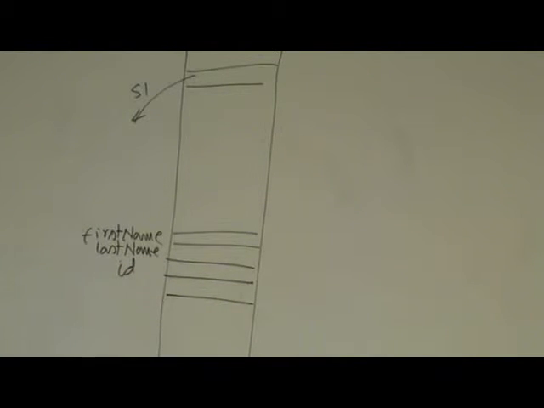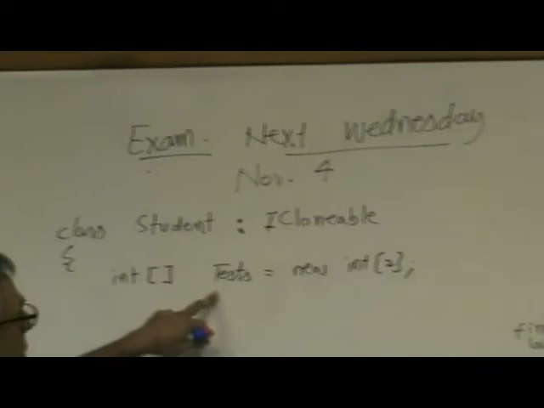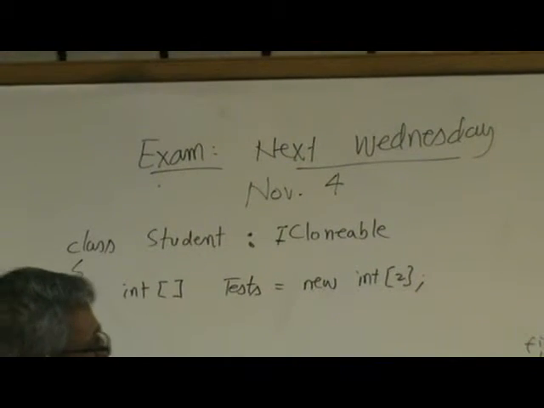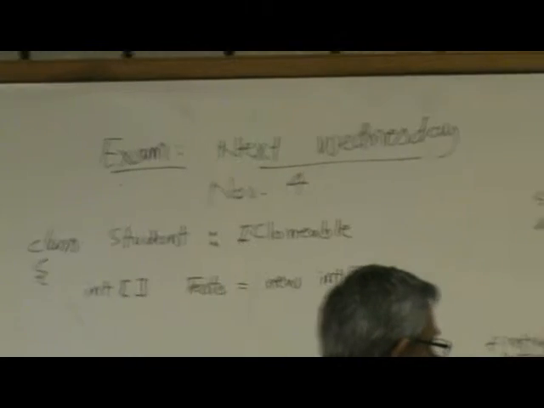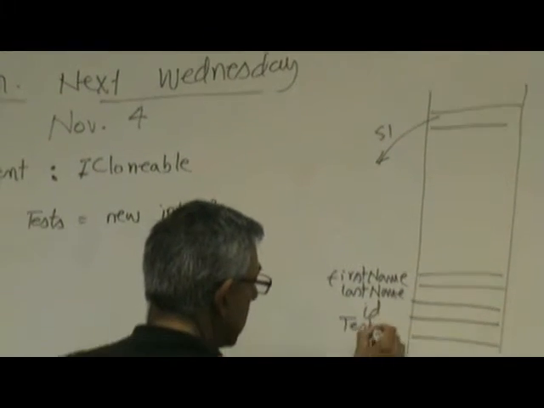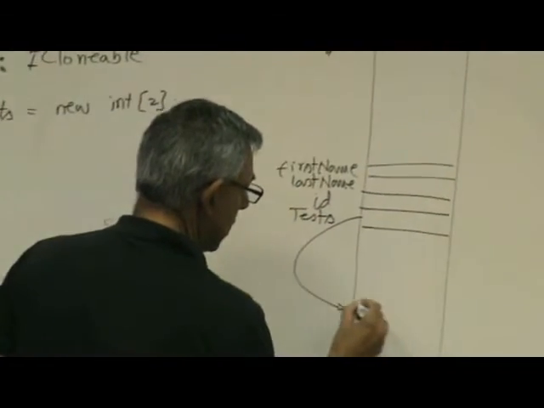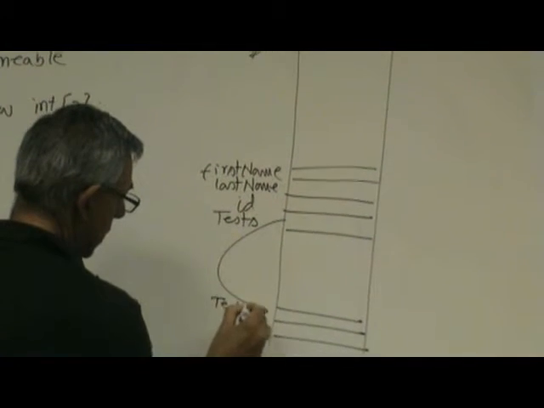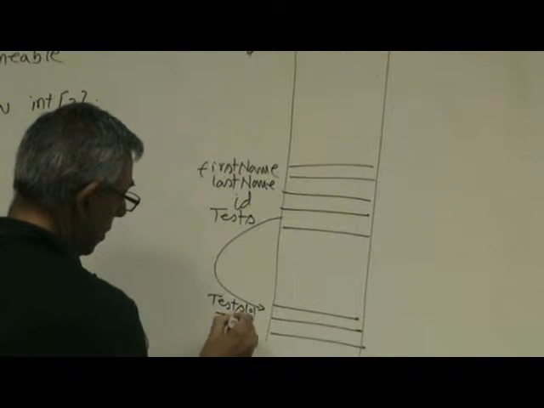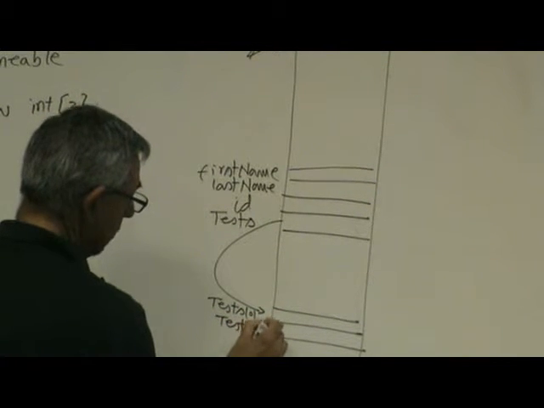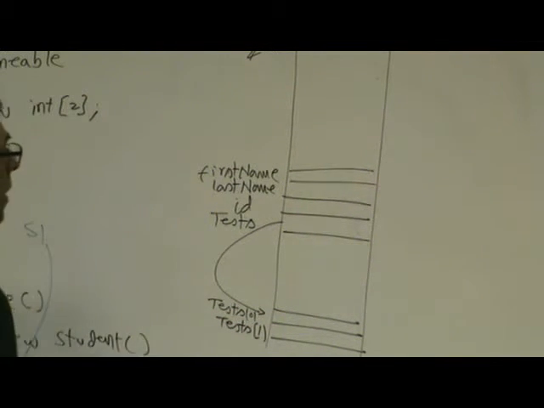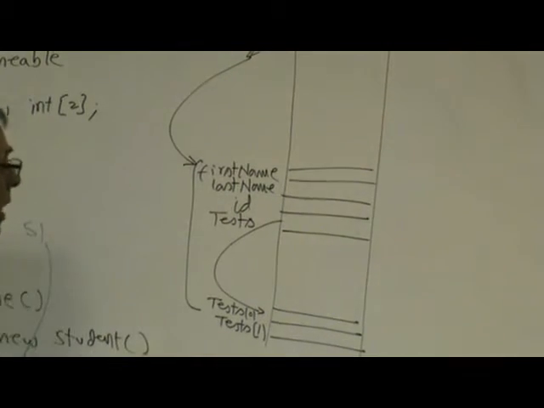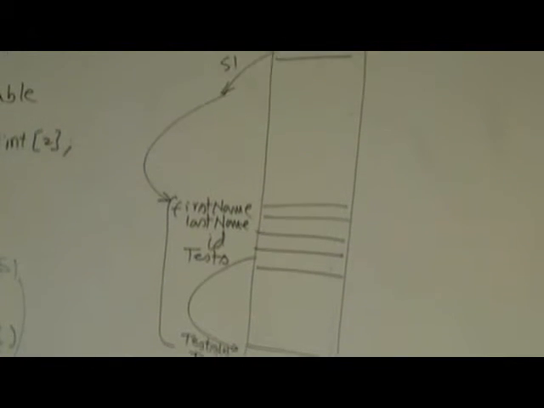Now, there's no test1, test2, right? So there's a field called tests, right? Okay, so basically there will be a field called tests, which will further point to tests of 0, tests of 1, right?